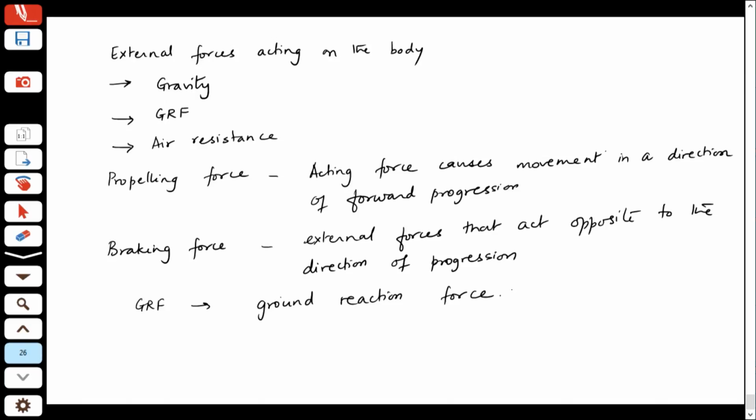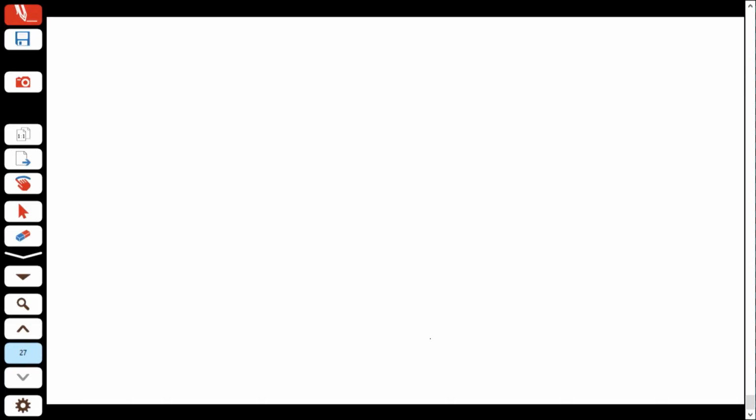So, let us look at a simple case where you take what we call a frictionless surface.